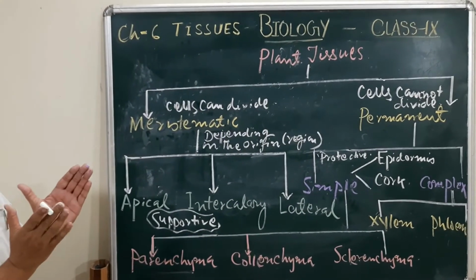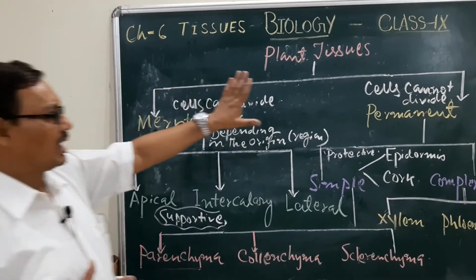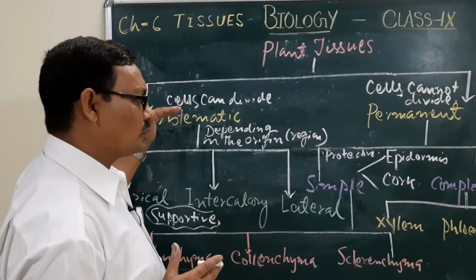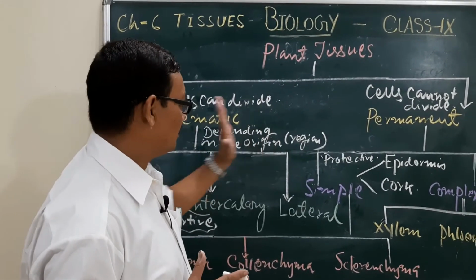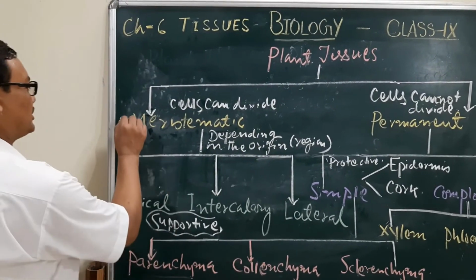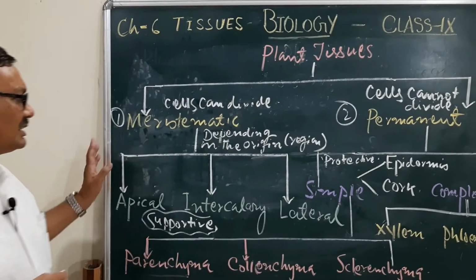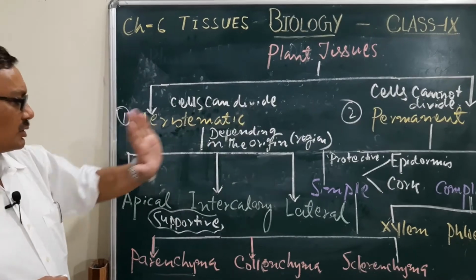Once again, listen carefully. Plant tissues are basically classified into two major group types. Number one, meristematic, and number two, permanent, depending upon the cells that divide and those which cannot divide.